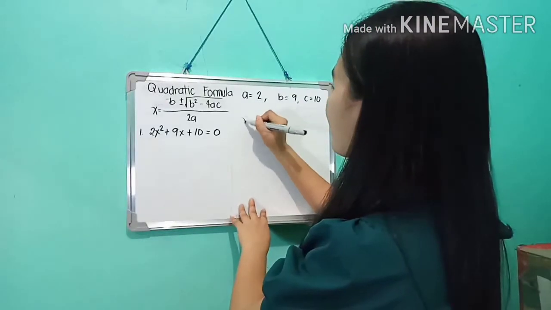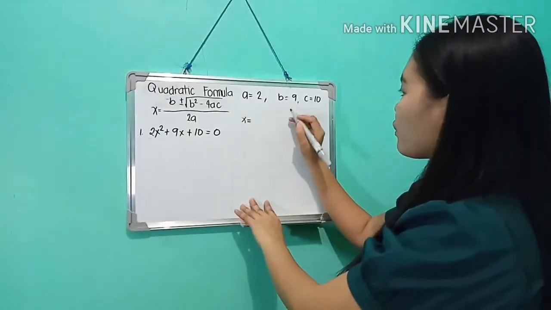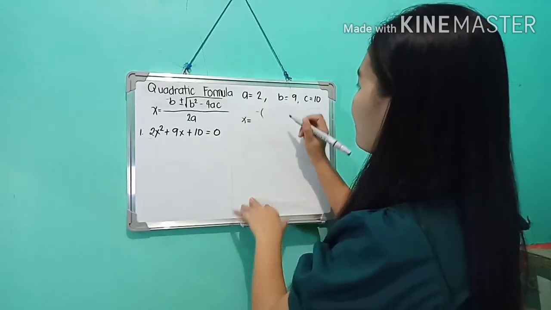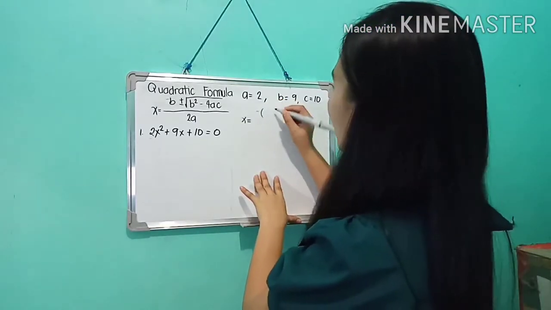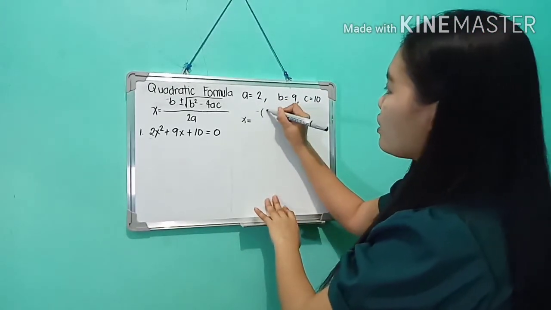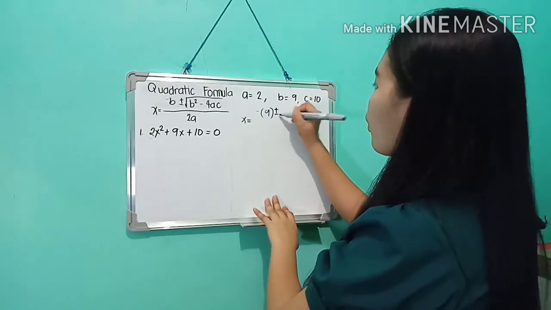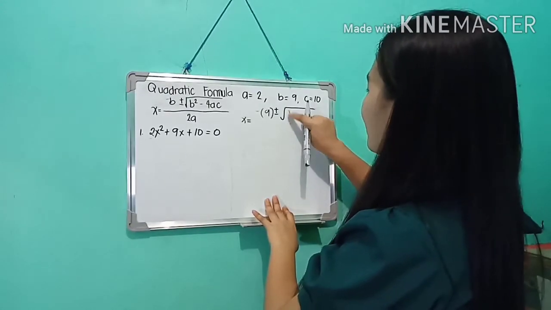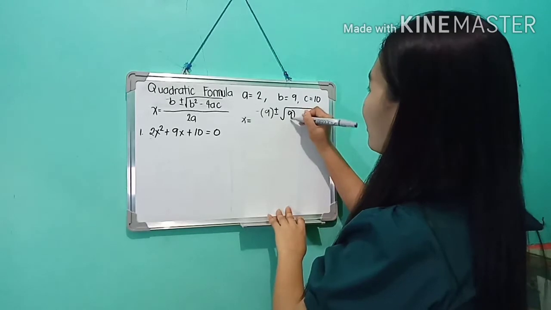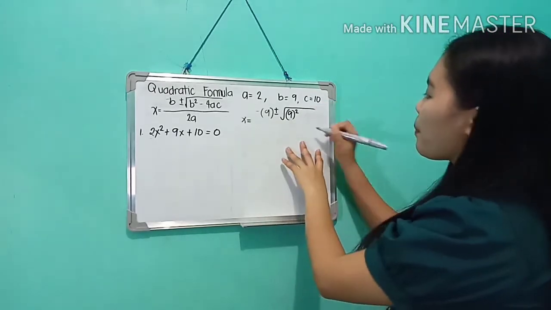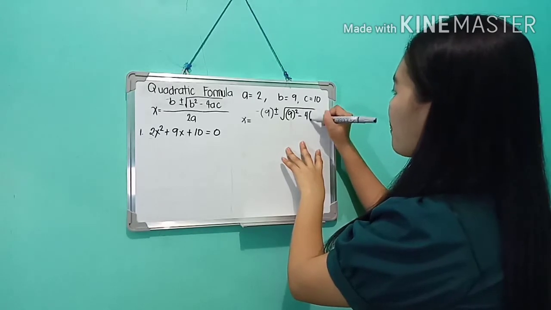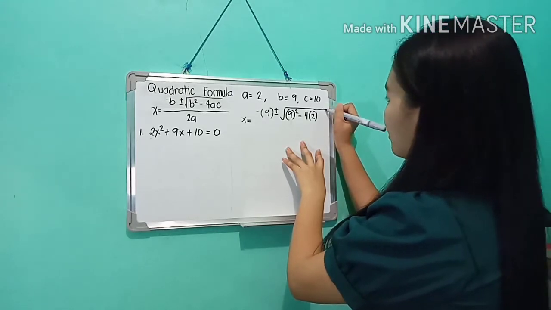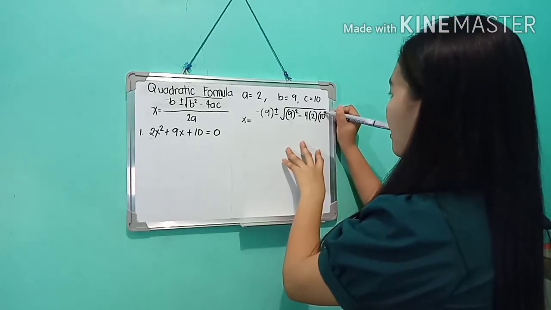We have here x is equal to negative, times the value of b, which is 9, positive or negative the square root of b, or 9, squared minus 4 times the value of a, which is 2, times the value of c, which is 10.